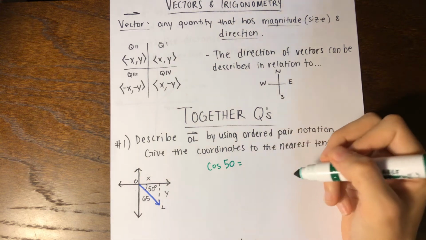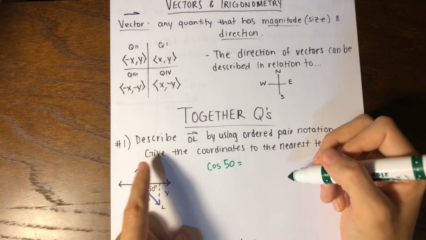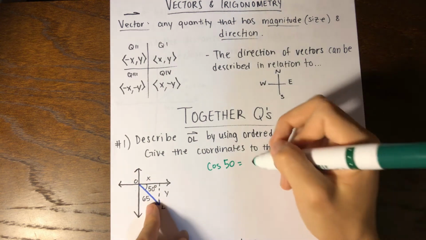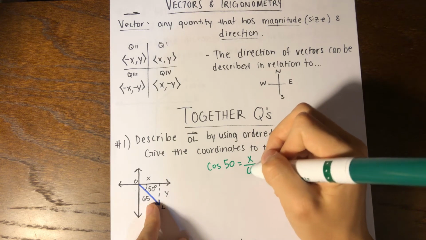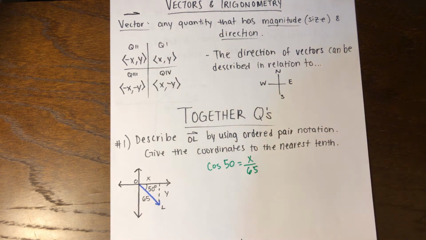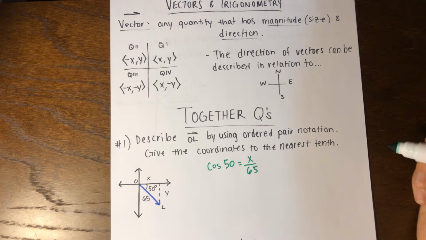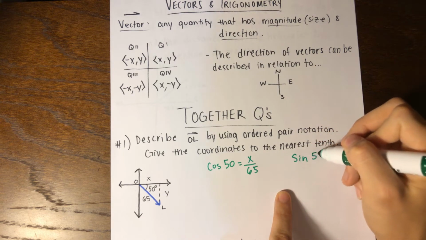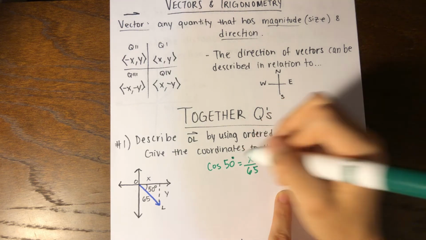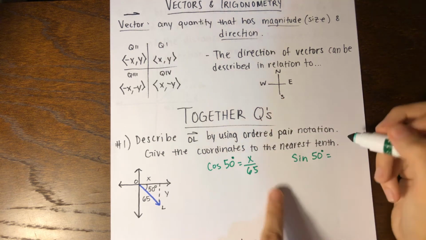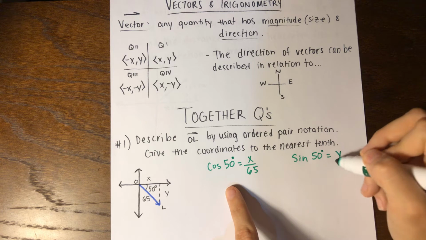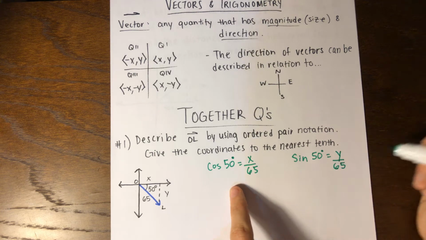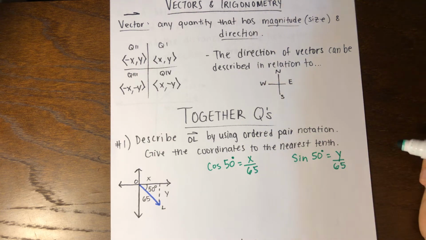Remember, cosine is adjacent over hypotenuse, so adjacent would be x over 65. When we set up sine, we're not done yet, but sine of 50 degrees is equal to y over 65. We're going to be solving for x and y.